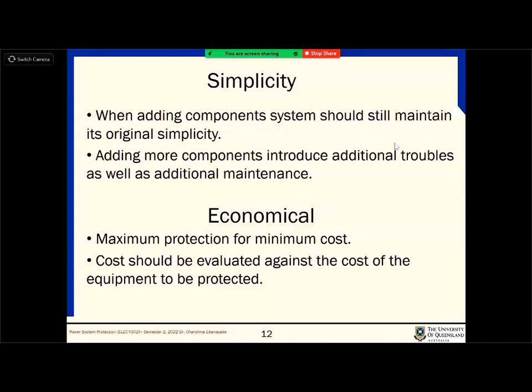Their solution is, say instead of you losing 100,000 customers, let's say I come up with a proposal saying that I can reduce it to 25,000. By which way? I will segment the lines so that when there's a fault at the far end, the customers in the initial part still get power.